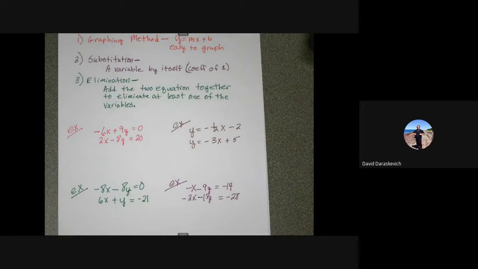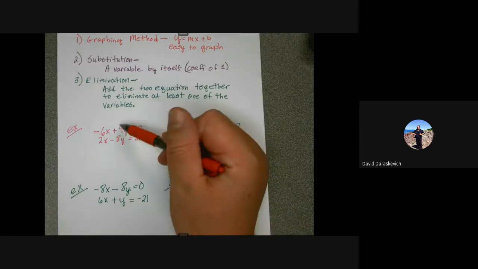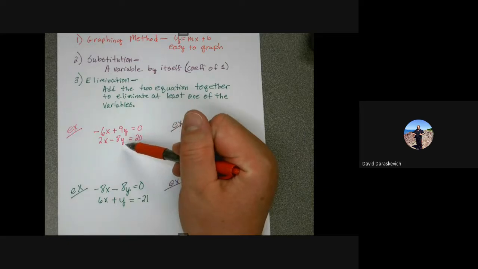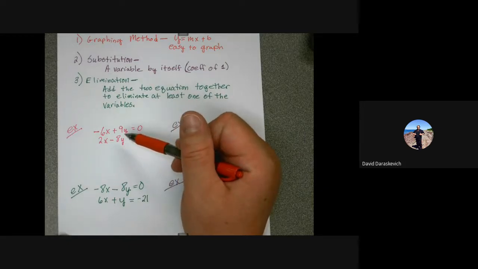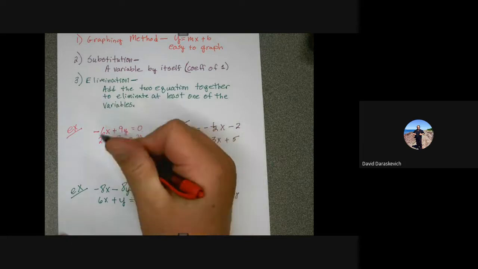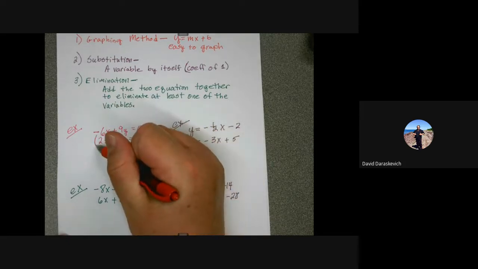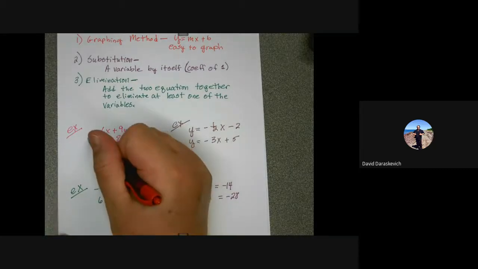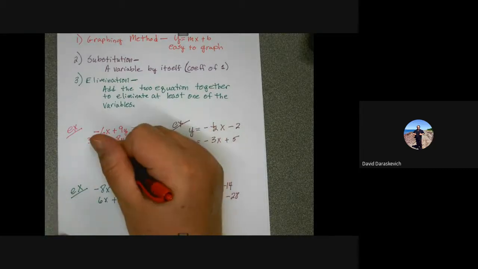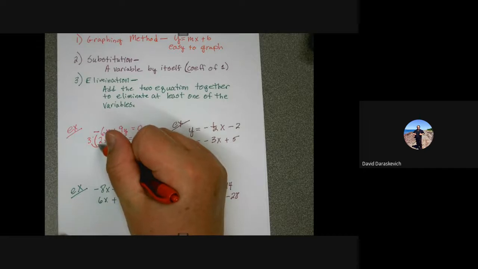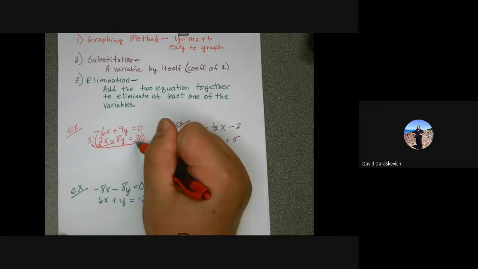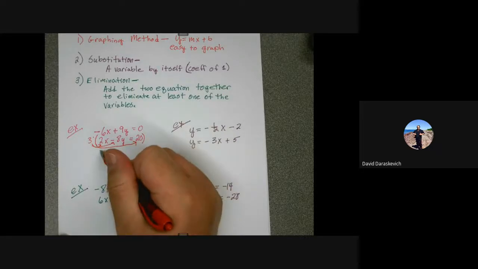However, when I add these together, neither one of these variables are going to eliminate. So what I would have to do first, I would choose to multiply the bottom one by 3 so that when you distribute that 3 to every single term, this 2x would become a positive 6x.